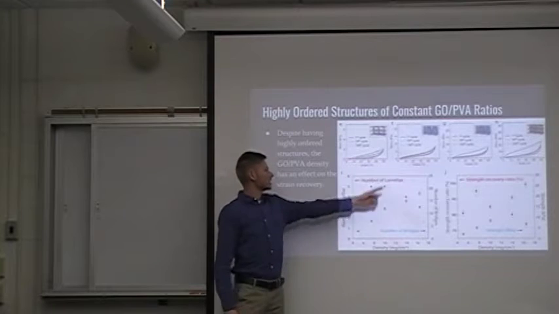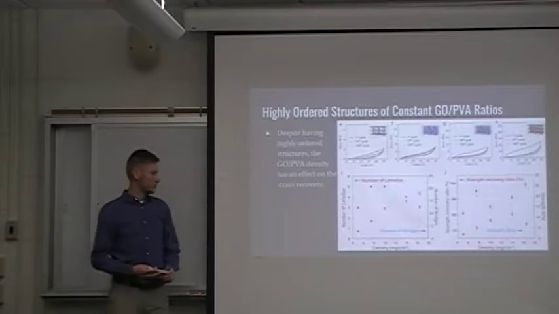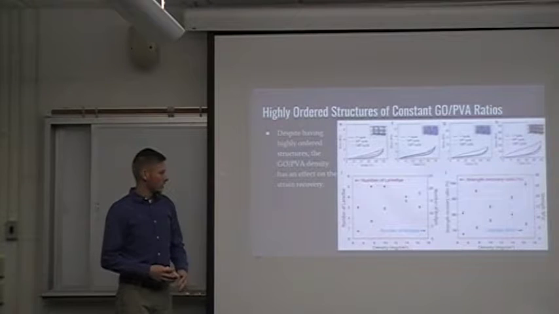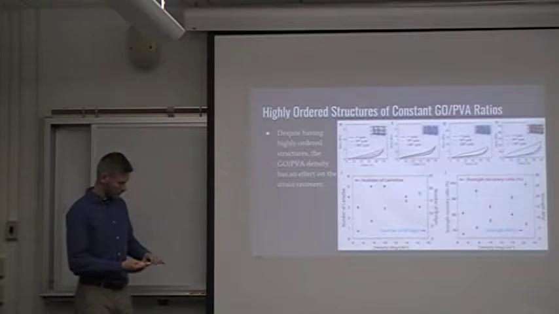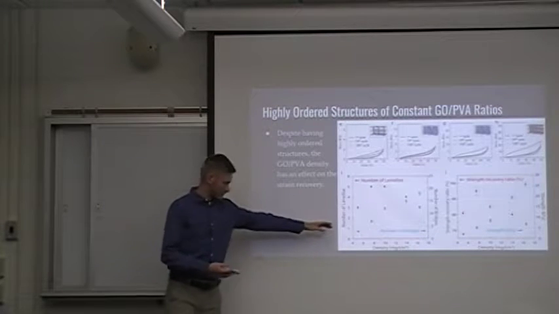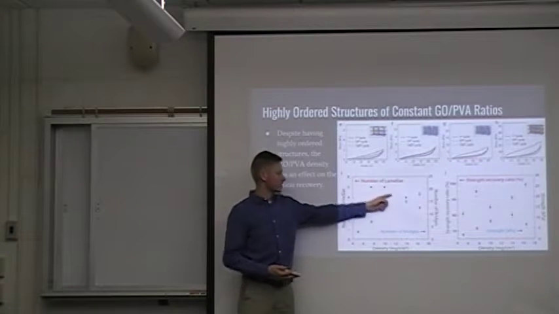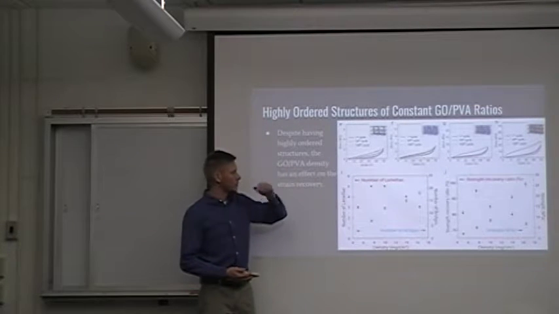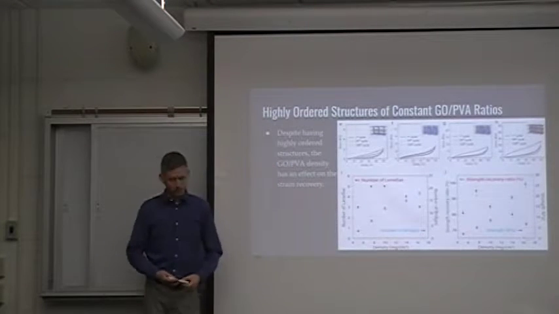And this is 8 to 8 GO PVA milliliters per milligrams of material. And the strain recovery ratio. Right here, the dots indicate the lamellae, so notice they're increasing and decreasing as above, and the bridges are increasing monotonously.